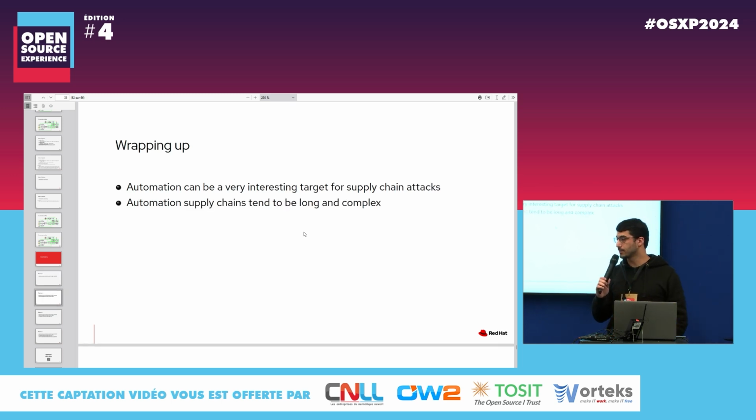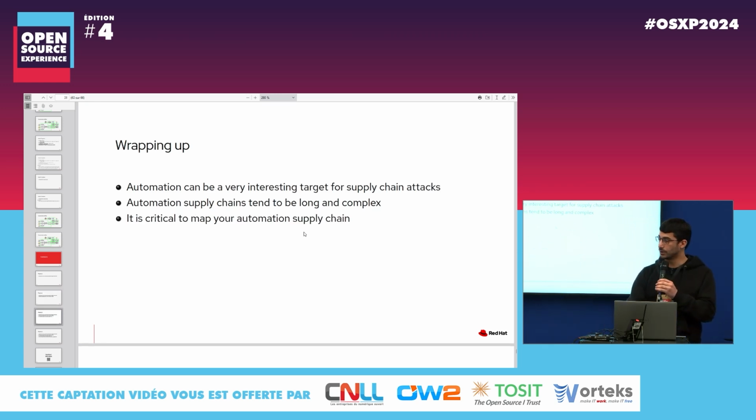The second aspect is that supply chains tend to be very long and complex because those collections usually require other stuff that requires other stuff and so on and so forth. And also, it is critical to map your automation supply chain. If you don't know exactly how your supply chain works, you can never be able to actually secure it.